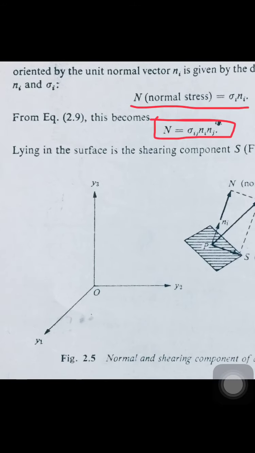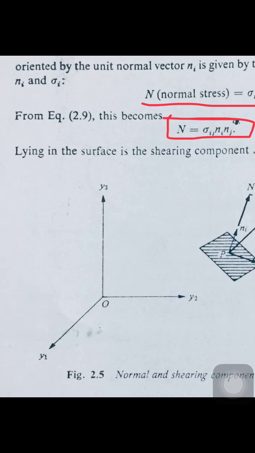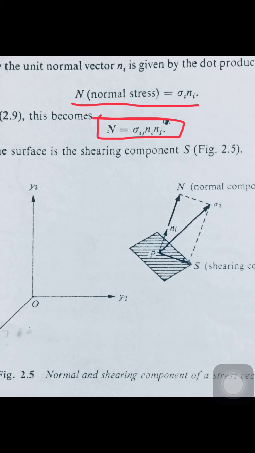So finally, for the normal component, we already saw that the normal component is nothing but sigma I ni, and we know that sigma I is nothing but sigma ij ni multiplied with nj. So the normal component is sigma ij ni nj.